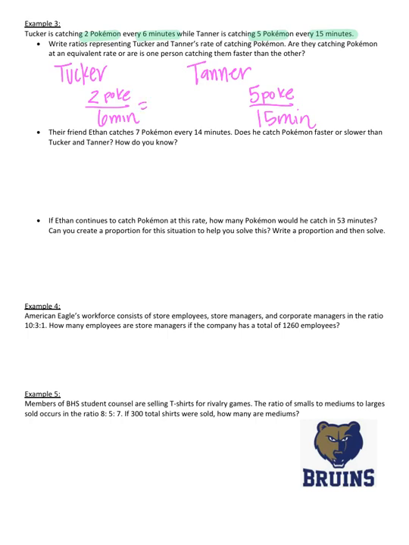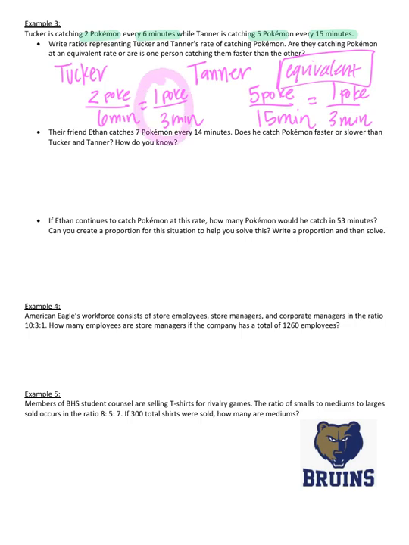Let's take a look at these and reduce these fractions. 2 over 6 reduces to 1 Pokemon every 3 minutes. 5 Pokemon in 15 minutes reduces to 1 Pokemon every 3 minutes. So we can say that Tanner and Tucker are catching them at equivalent rates. Those ratios are exactly equal to each other. 1/3 is equal to 1/3.